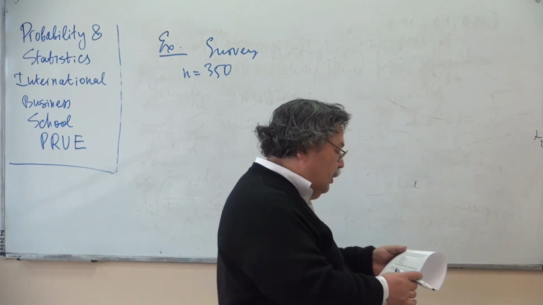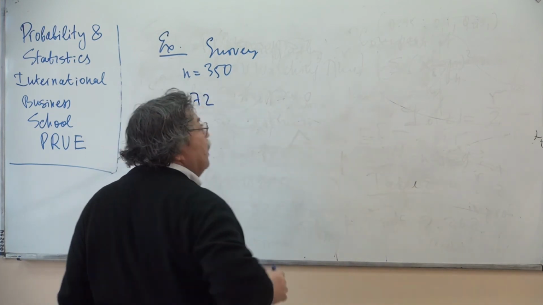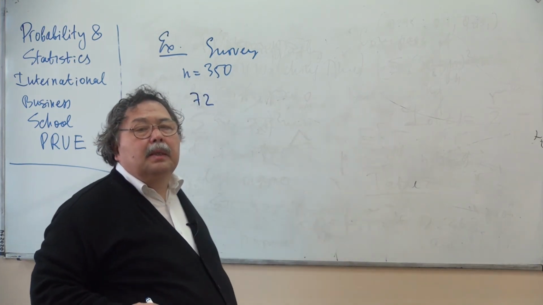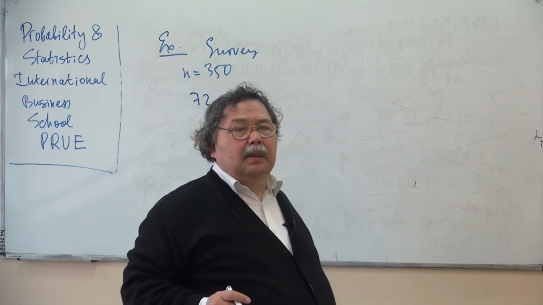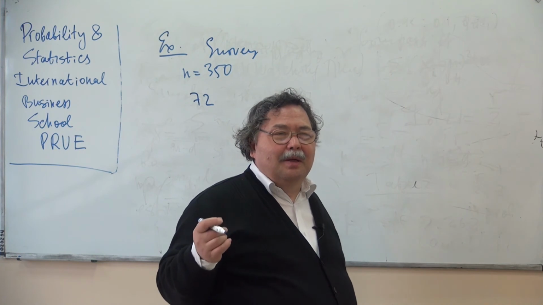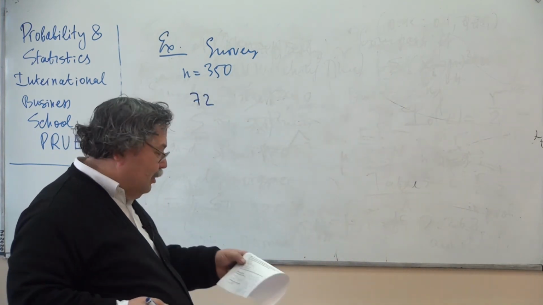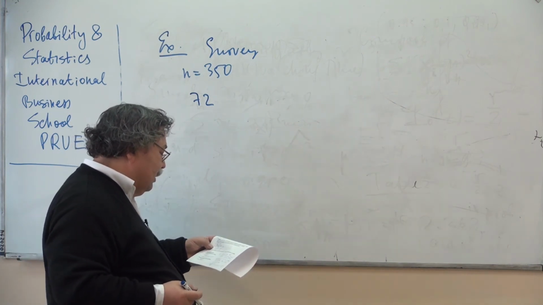And of those 350 respondents, 72 reported that they eat cereals regularly. Cereals, such as porridge, a healthy kind of food. So of these respondents, 72 admitted that they eat cereals.